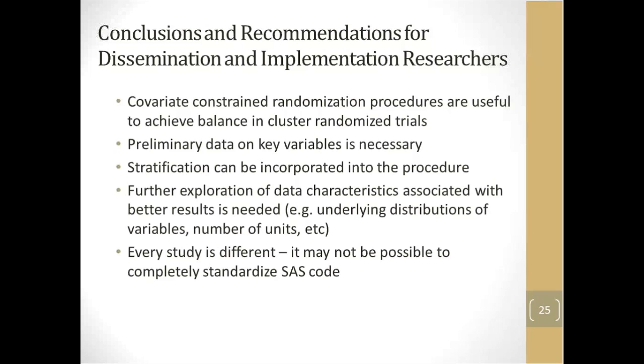Stratification can be incorporated into the procedure, or you can do it separately within strata and then combine at the end. And then one of the things that we've noticed and would like to do some further exploration about has to do with the underlying distributions, the number of units, and how that affects how well this approach works.